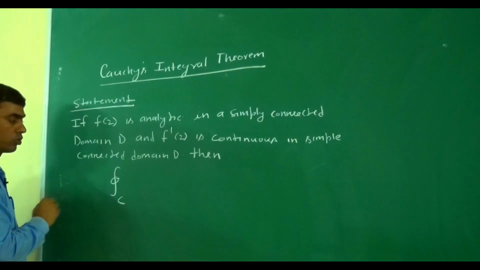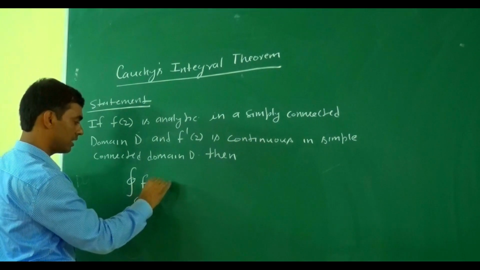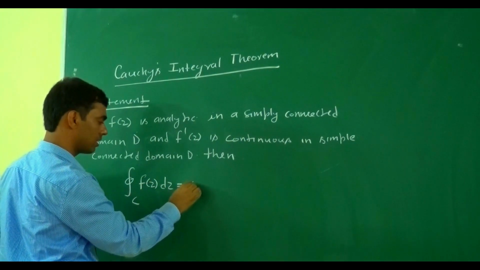Here C is what? Closed contour. The integral over C of f(z) dz equals what?